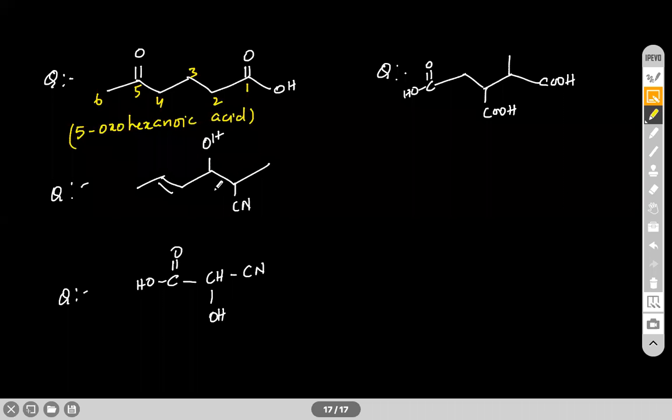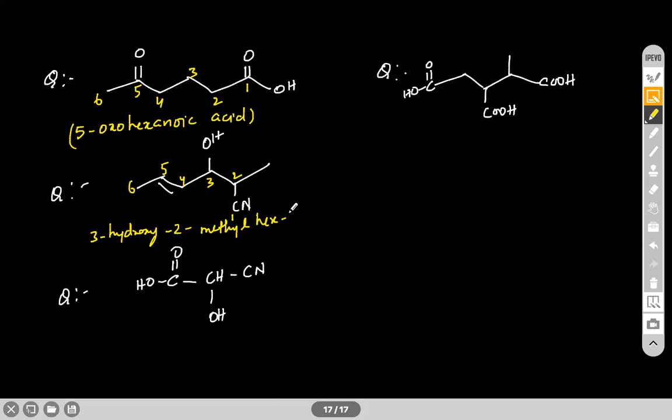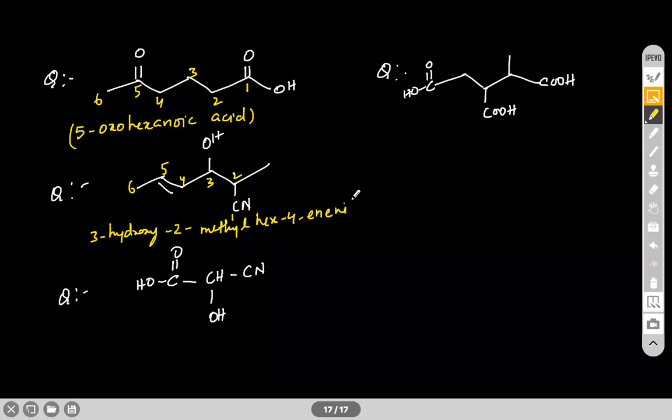Hexanoic acid. This is the primary functional group: 1, 2, 3, 4, 5, 6. So hydroxy and this one: 3-hydroxy, 2-methyl, hex-4-ene nitrile.